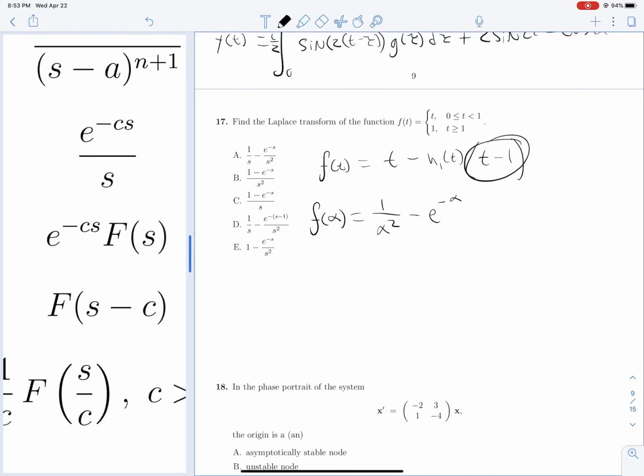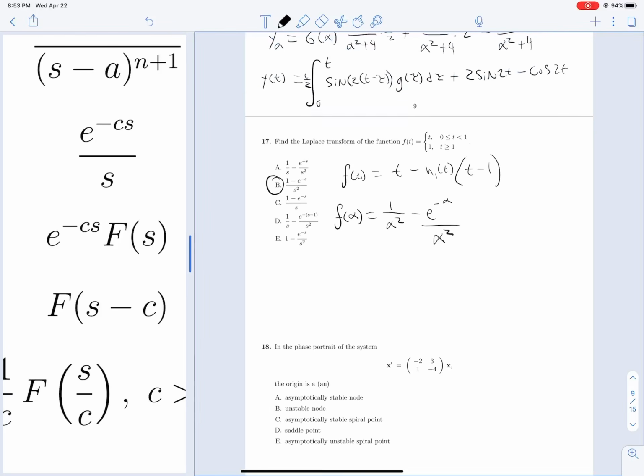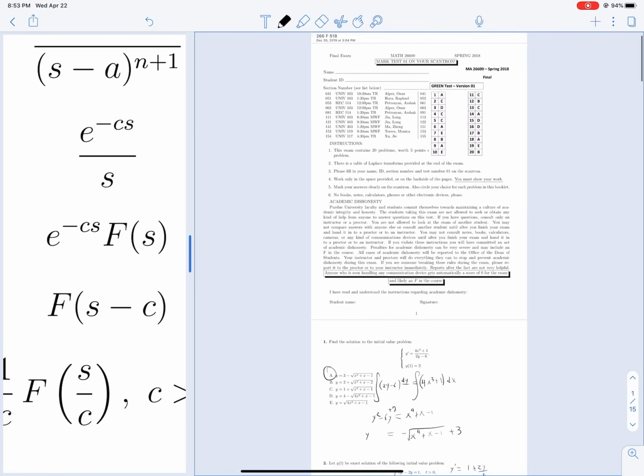So this is f of t minus c, so we need to get rid of that negative 1, and we already know that the Laplace transform of t is 1 over alpha squared. So we get 1 minus e to the negative alpha over alpha squared. 17 is B.